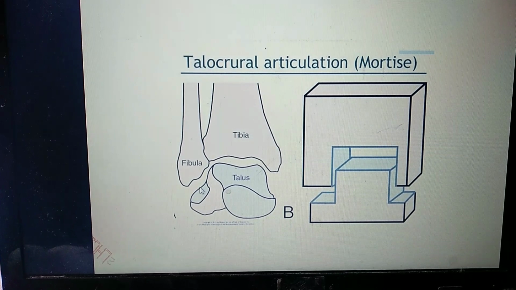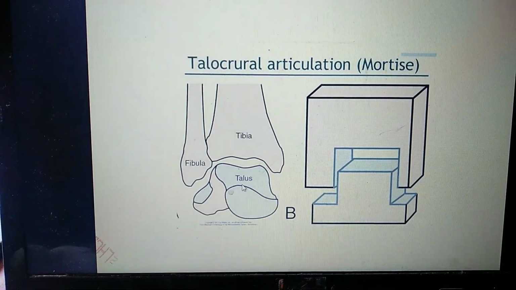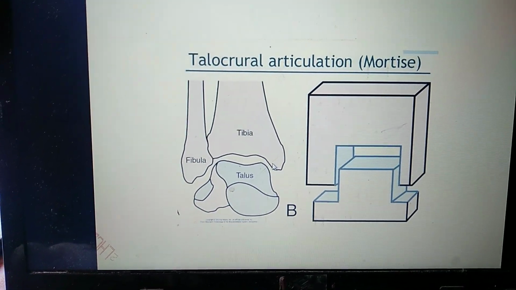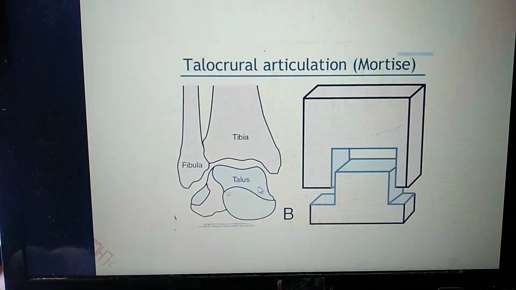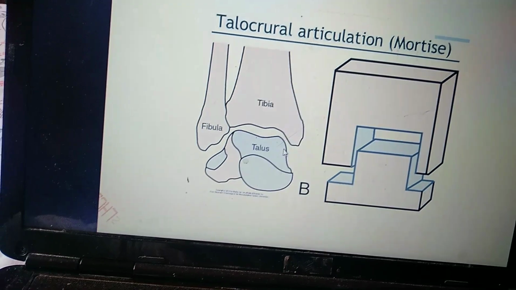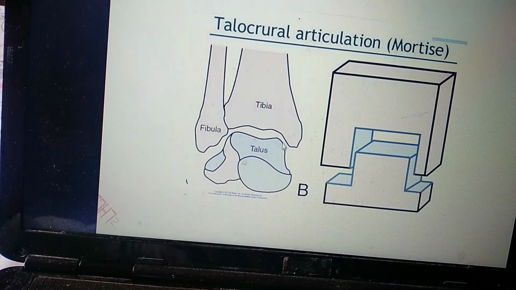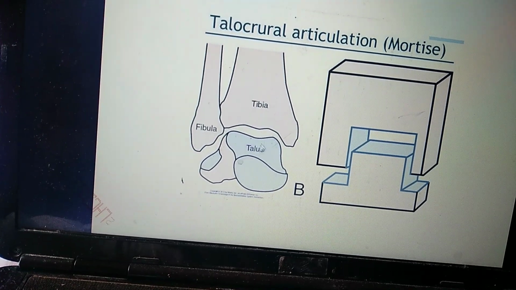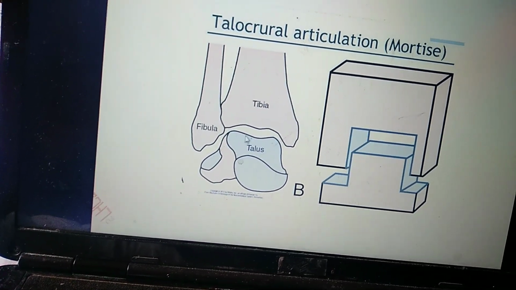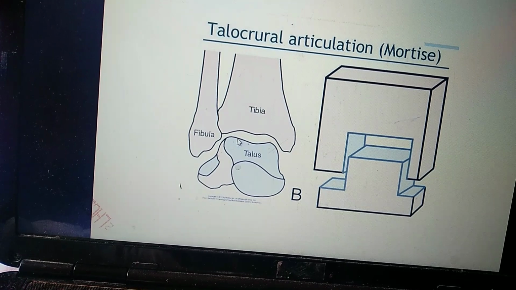The fibula articulates with the lateral facet of the talus. The tibial malleolus, or the medial malleolus, attaches with the medial facet of the talus, whereas the lower end of the tibia articulates with the superior surface of the talus, or the trochlear surface of the talus.